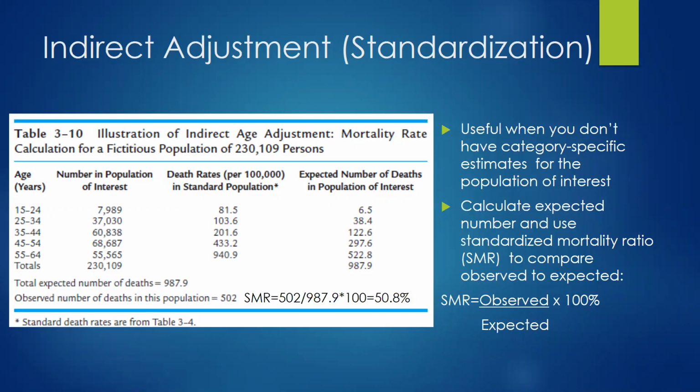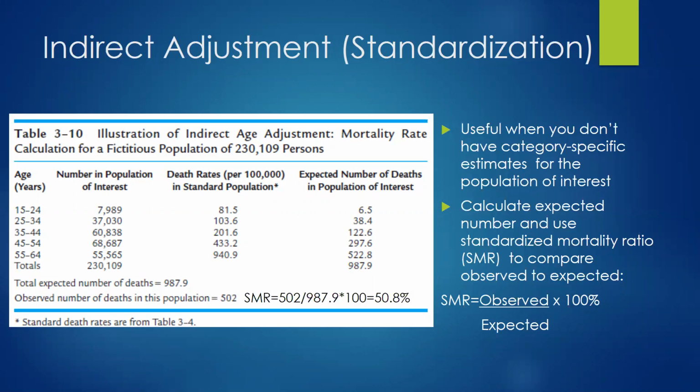We don't know the number of events, for example, among 15 to 24-year-olds here. We just know the population size. And so we apply the known death rates in our standard population to that population of interest, come up with an expected number of deaths, and that number is 987.9.